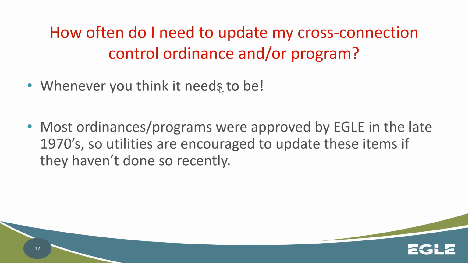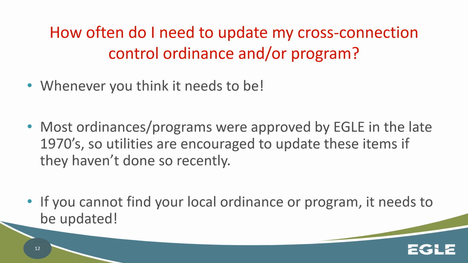Yeah, in general, we're looking more at the contents and whether you're able to effectively administer your cross connection control program. If not, you need to look at whether there are missing parts or things that are outdated. So 3 to 5 is maybe a rule of thumb, but even that's not a hard and fast rule.